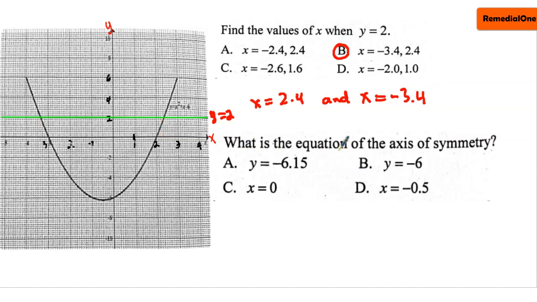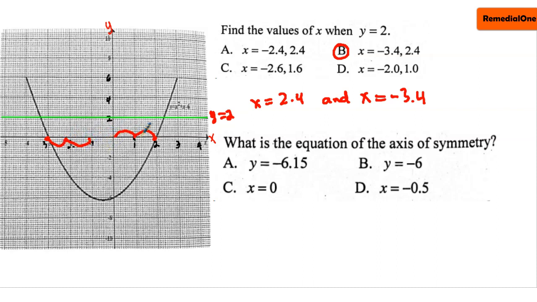Now they want us to find the equation of the axis of symmetry. Axis of symmetry is a line that divides this into 2. So normally you stand on the solutions where the parabola cuts the x-axis, and then you try to get the middle. So this one is 1, this is 1, this comes another step.